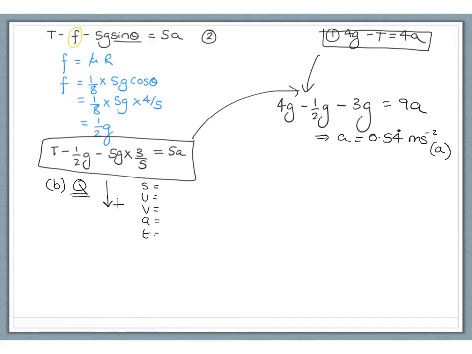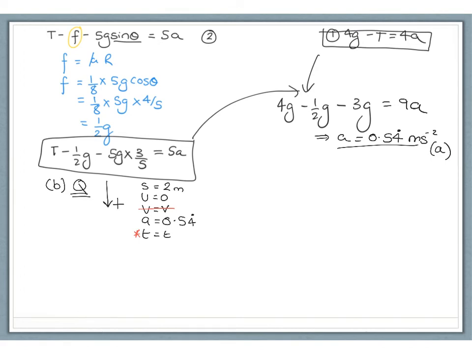For our SUVAT information, Q travels 2 meters before it hits the ground. U is 0, the system was released from rest. V, we don't know what the speed of Q is when it hits the ground. The acceleration we've just calculated is 0.54 recurring meters per second squared, and the time is what we are looking for, so this is the one that we want.